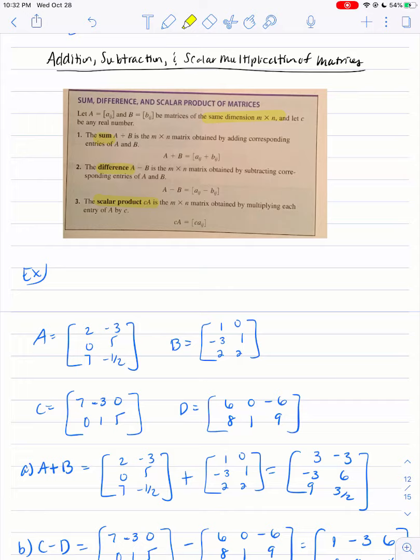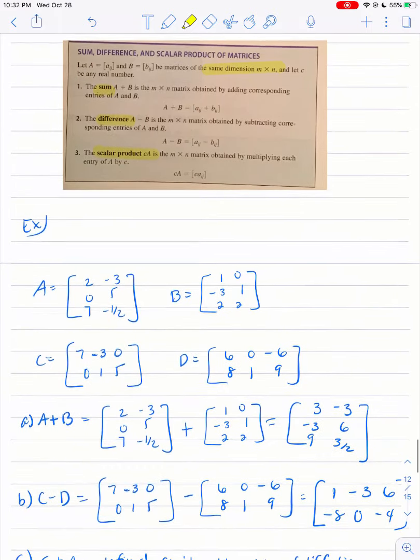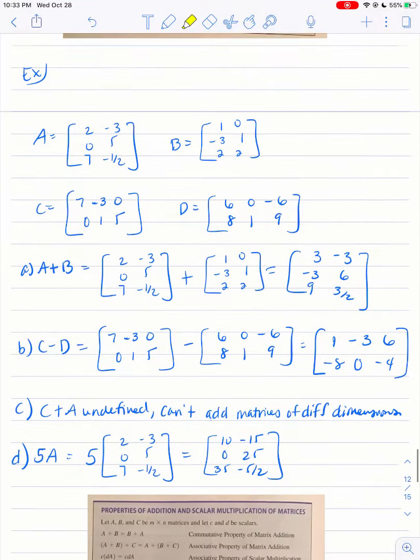The sum A plus B is the m by n matrix, so the dimension stays the same, obtained by adding corresponding entries of A and B. So I could add A and B by adding corresponding entries, and I get my resultant matrix. The difference A minus B is the m by n matrix, so the same dimension, obtained by subtracting corresponding entries of A and B. And then the scalar product cA is the m by n matrix obtained by multiplying each entry of A by c. So let's go ahead and do an example.